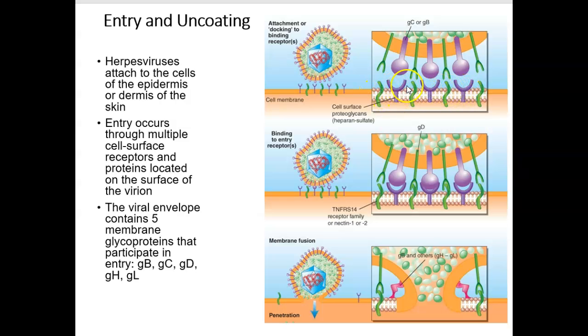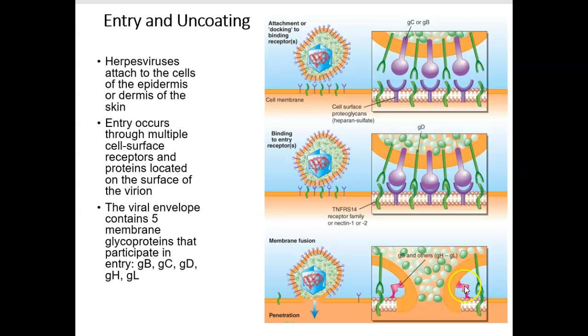Attachment factors include the ever-present heparan sulfate proteoglycan, among others. So you get interaction with multiple receptors, and then you mediate fusion with the viral envelope and the plasma membrane. GB in particular is going to cause fusion between the viral envelope and the plasma membrane.